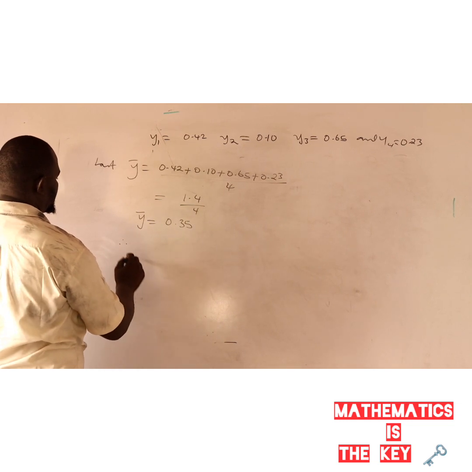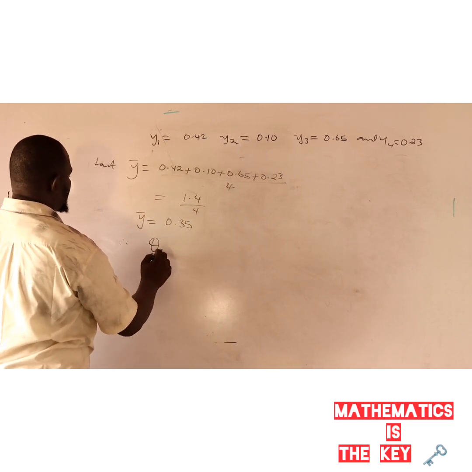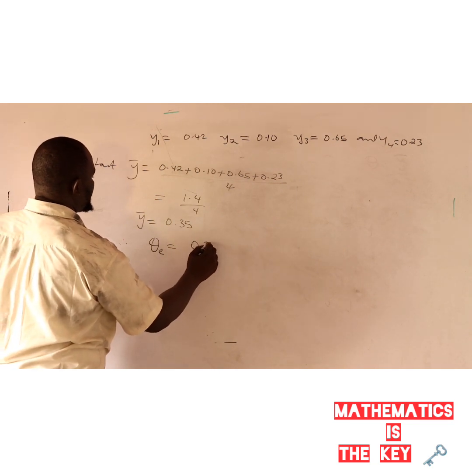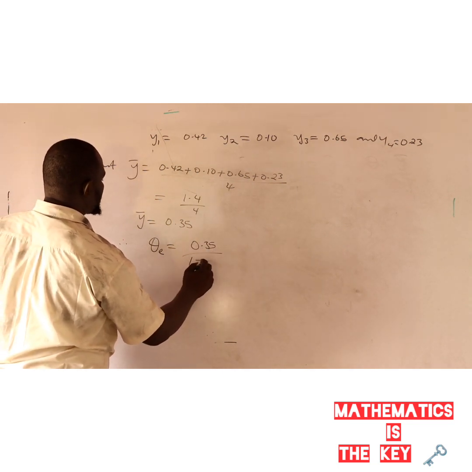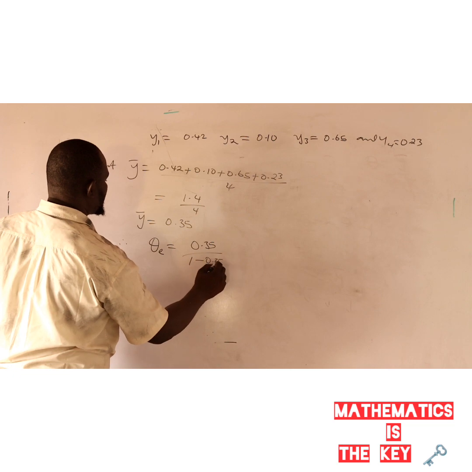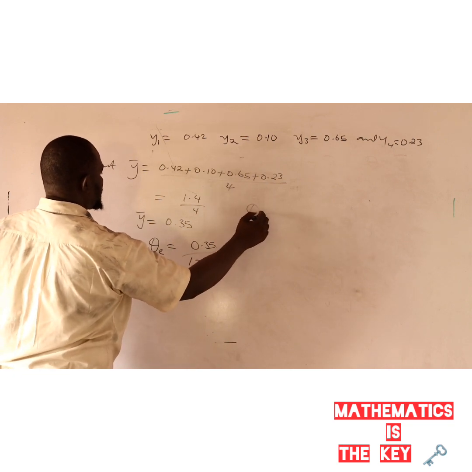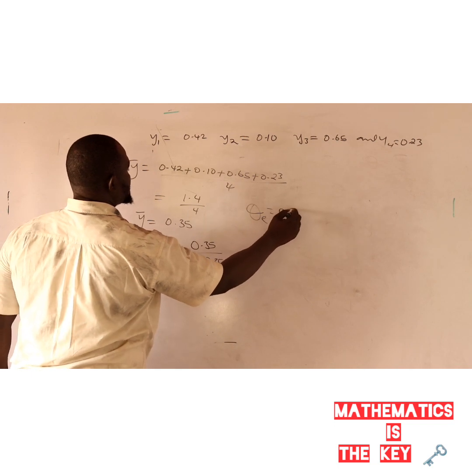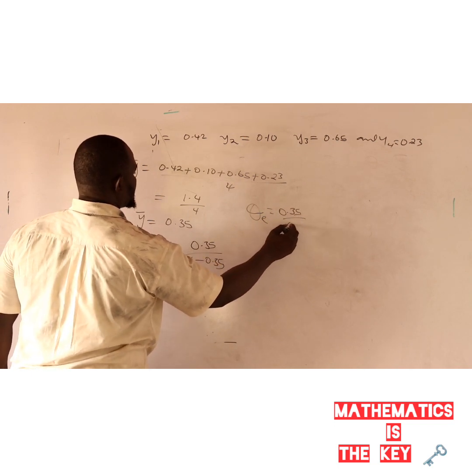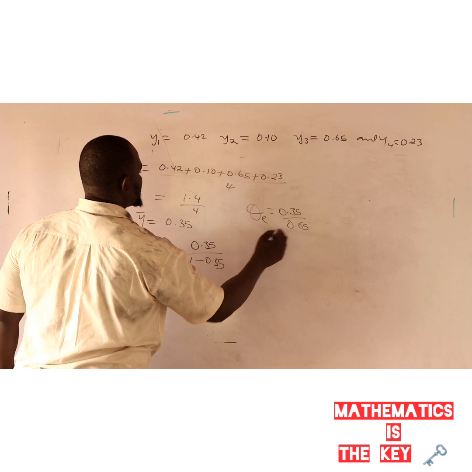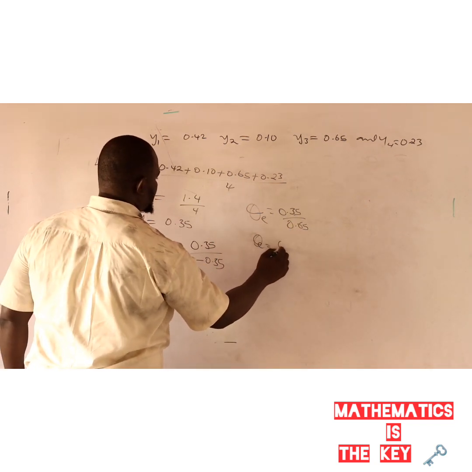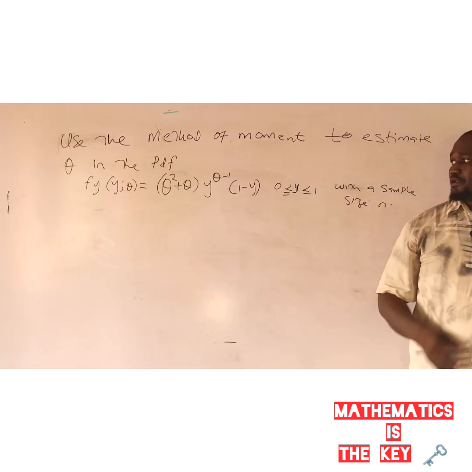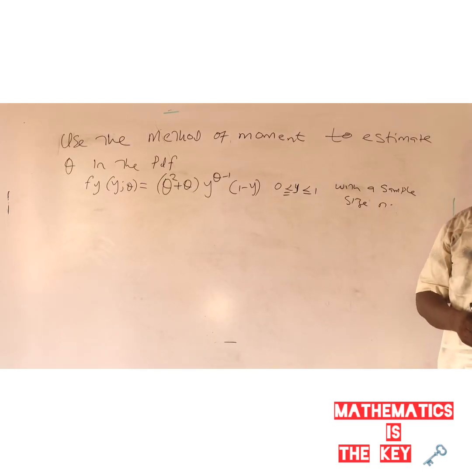Therefore, our estimate now will be y bar, which is 0.35, all over 1 minus y bar, that is 1 minus 0.35. So the estimated value is now 0.35 all over 0.65. So the theta estimate is 0.538.